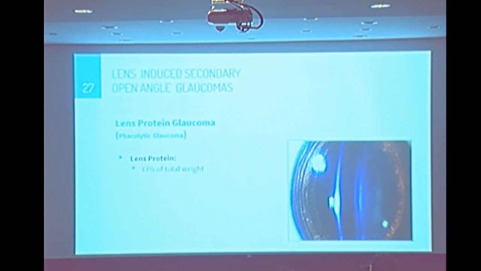Lens protein represents about 33% of the lens weight, and 85% of this is soluble protein, which is alpha, beta and gamma crystallins, and the remaining 15% is albuminoid or insoluble protein.